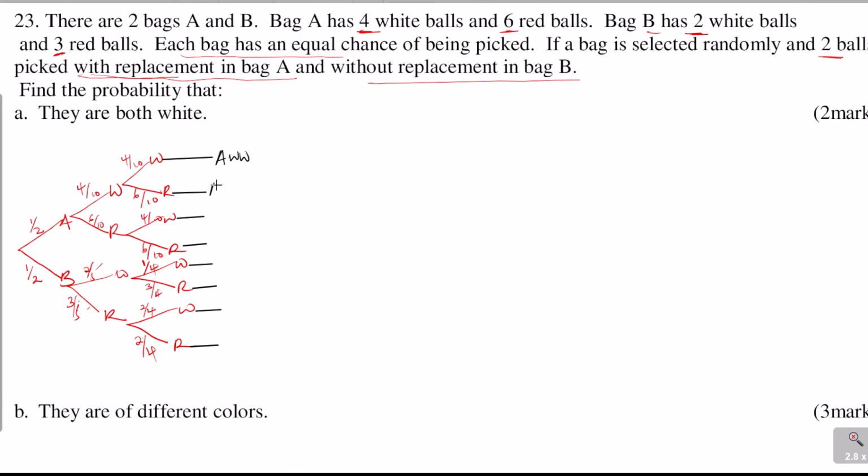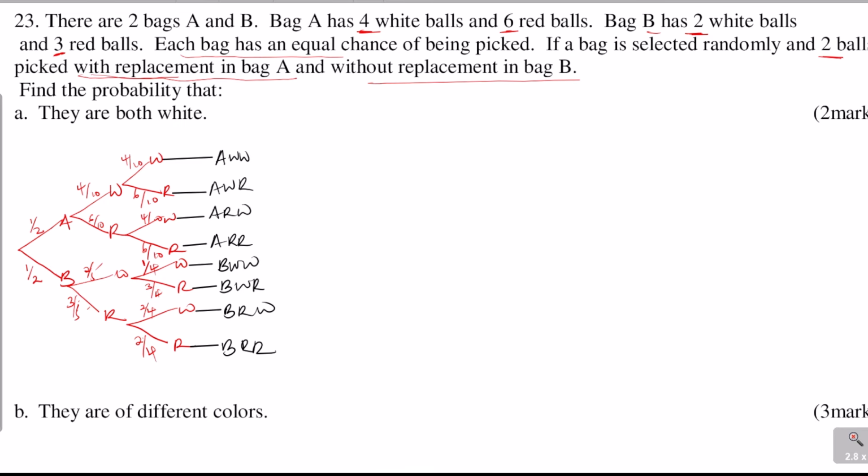From bag A, white, red. From bag A, red, white. From bag A, red, red. From bag B, white, white. From bag B, white, red. From bag B, red, white. From bag B, red, red. So that is the tree diagram.